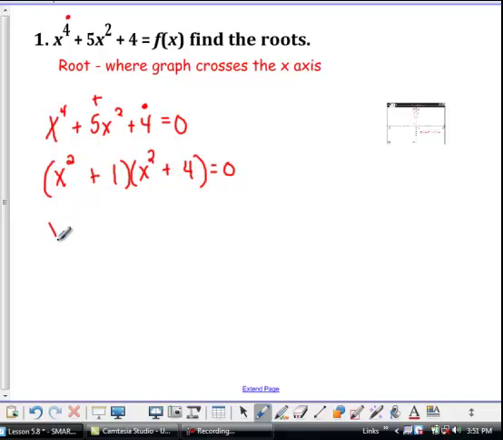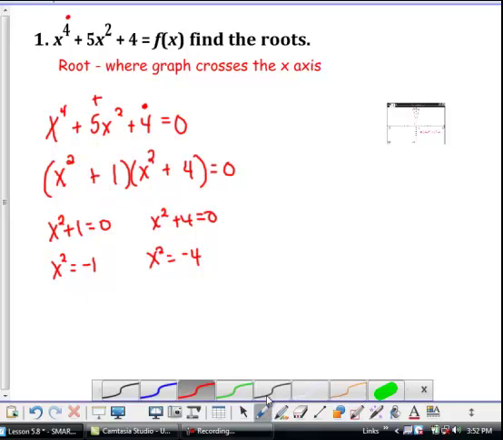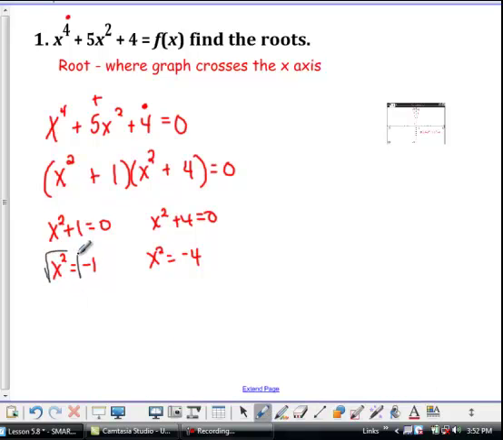Now, if I set each side equal to 0, and I solve, I already see my answers of imaginary appearing. What squared gets me a negative 1? Well, if I just take the square root, x is plus or minus, well, what's the square root of negative 1? i.